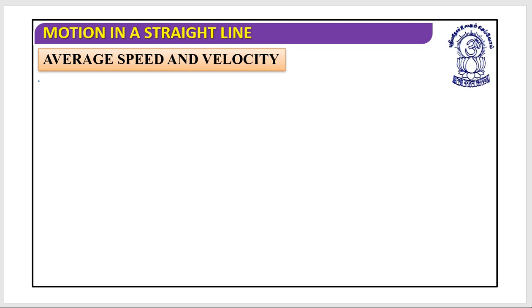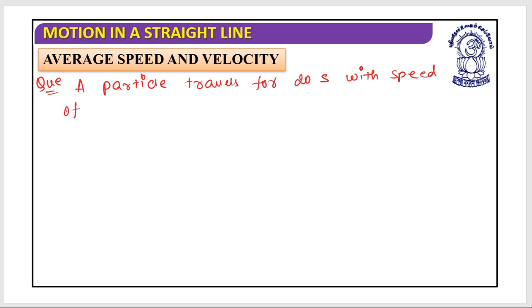Now suppose the question is saying that a particle travels for 20 seconds with a speed of 20 meter per second and 10 seconds with a speed of 30 meter per second.